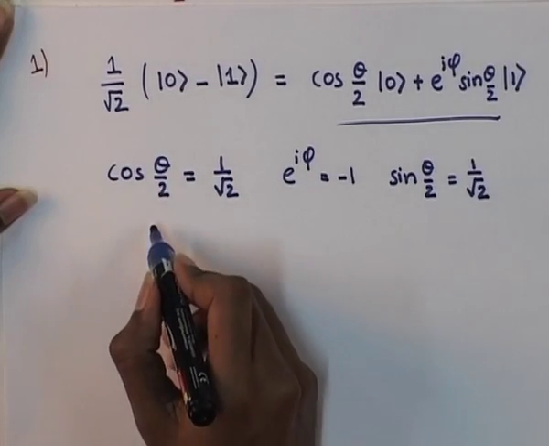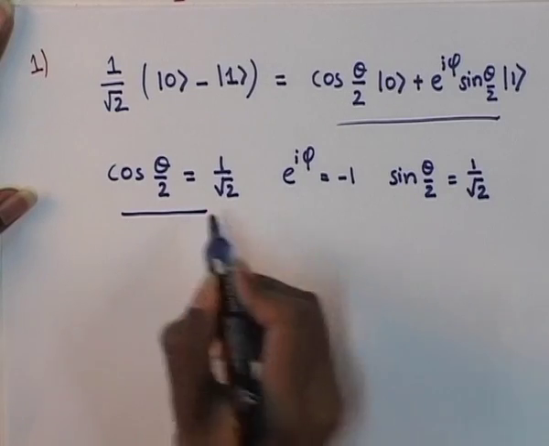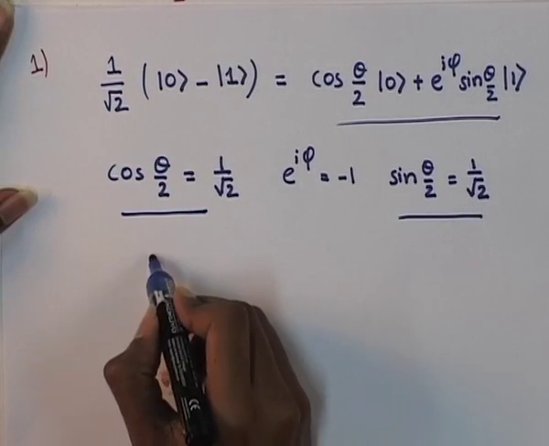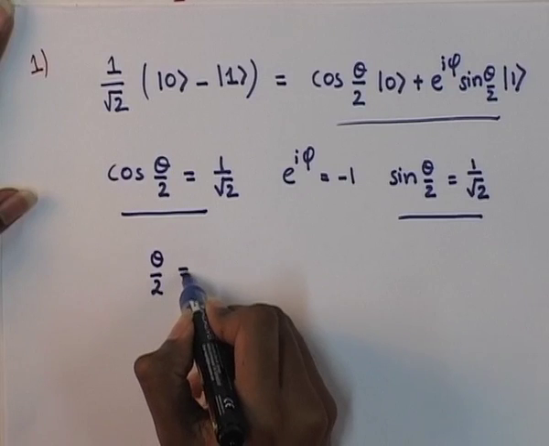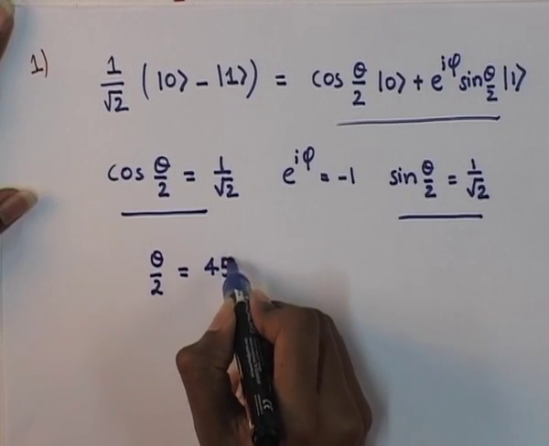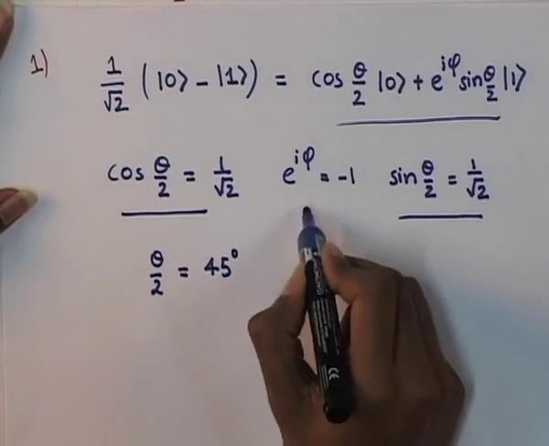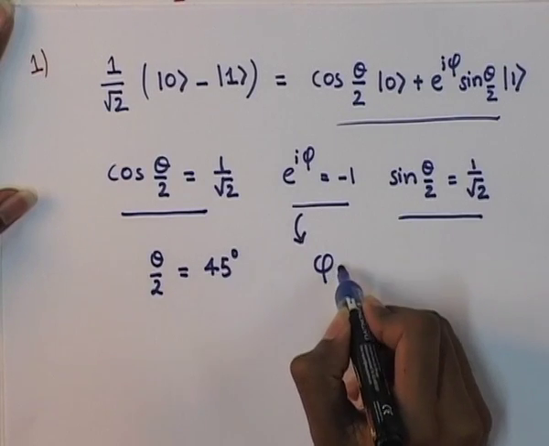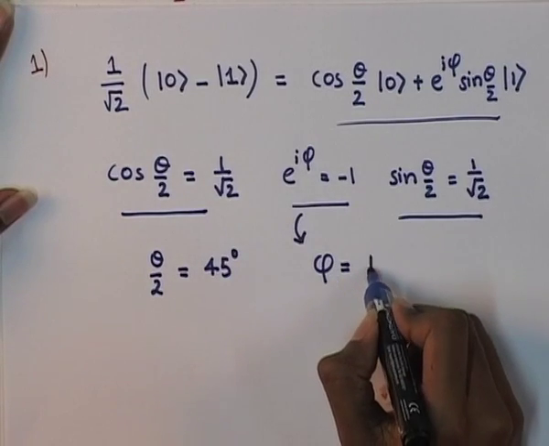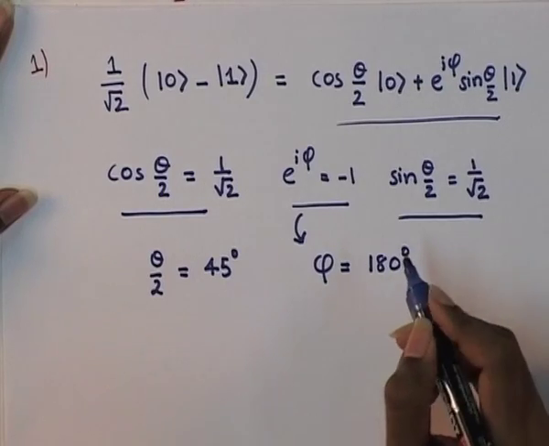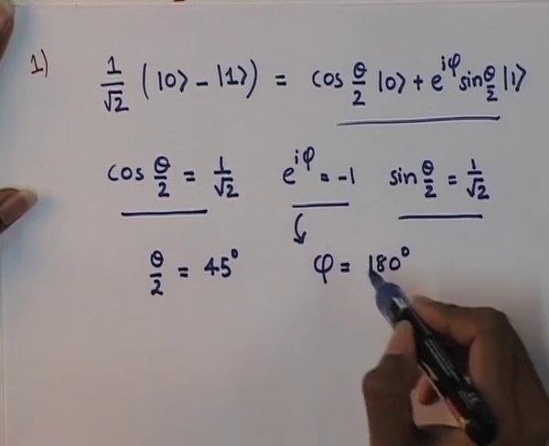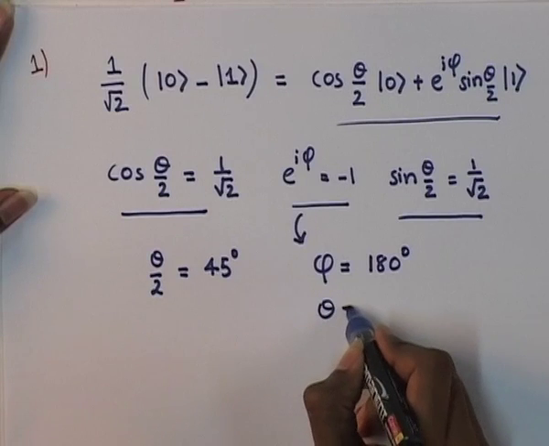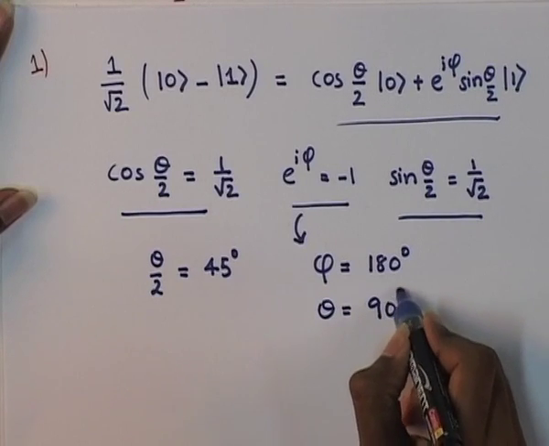From these we can say that theta by 2 is 45 degrees, and from this we see that phi is 180 degrees. So we obtain phi as 180 degrees and theta as 90 degrees.